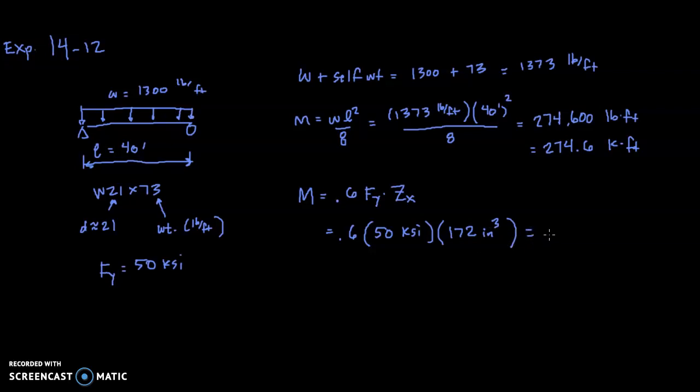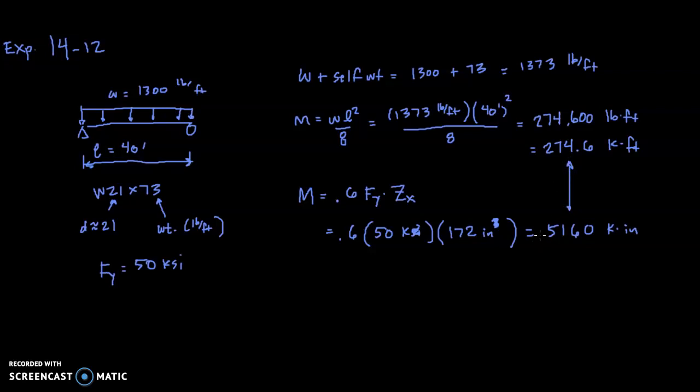That equals 5,160. Looking at my units here, I have KSI times inches to the third. So the square inches here will cancel out 2 of these, leaving just 1 inch. So it's kip inches. So we've got a bit of an apples to oranges comparison here.